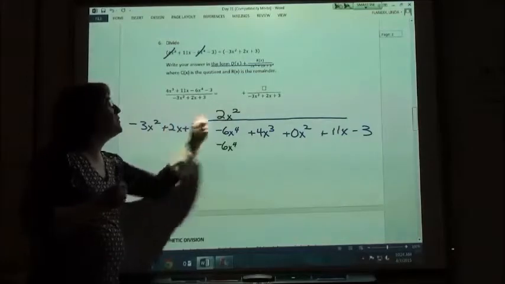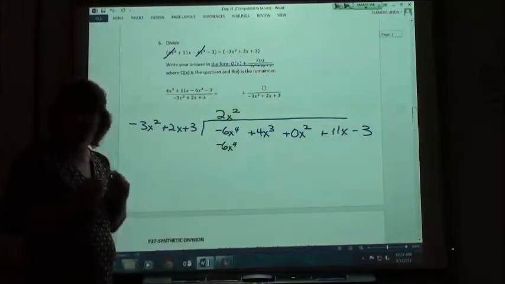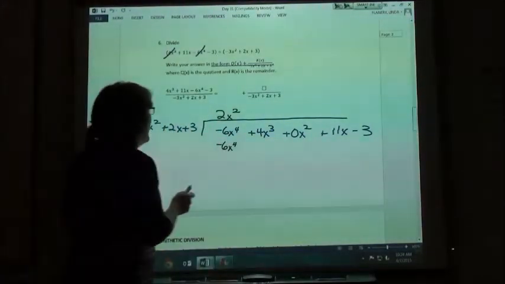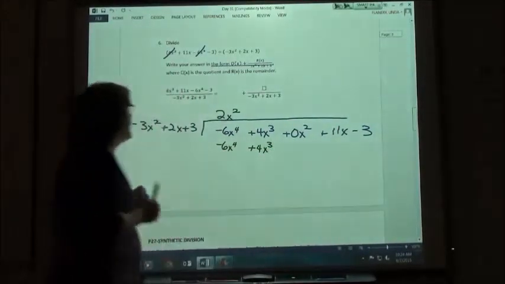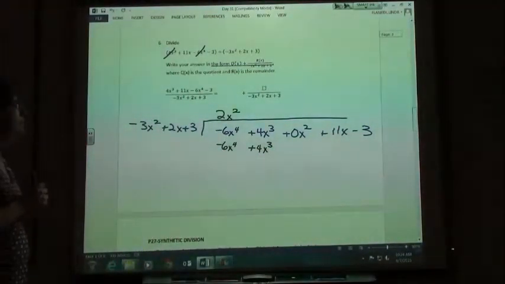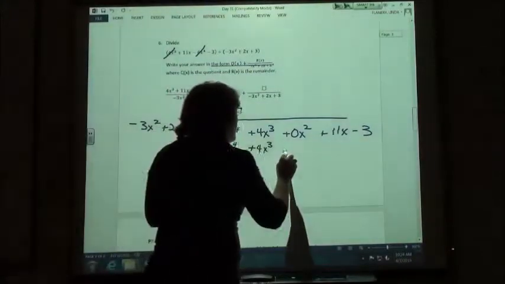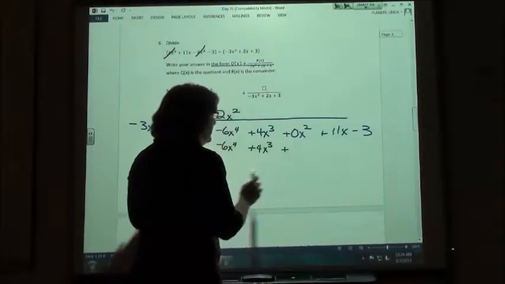You're going to do both of them, the 2 first and then the 3. So that's going to be 4x, so it's going to be plus 4x to the third. And then you go over to the 11.